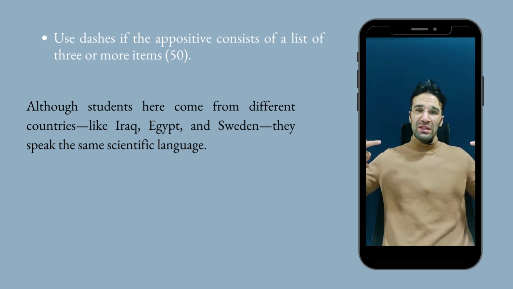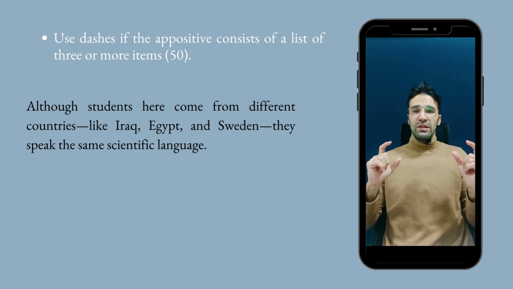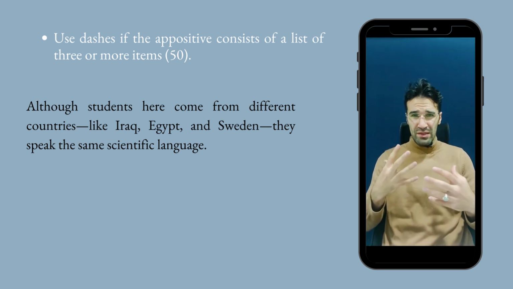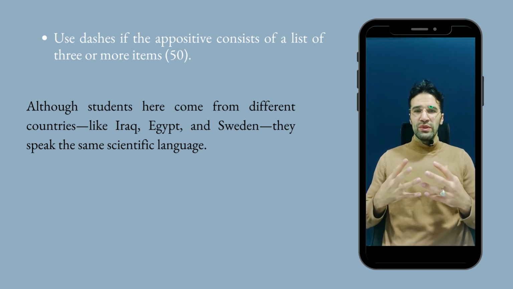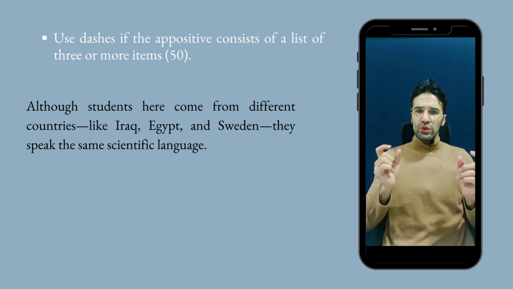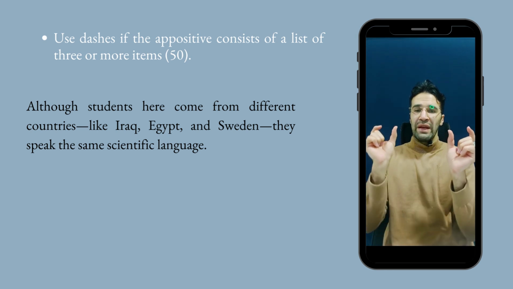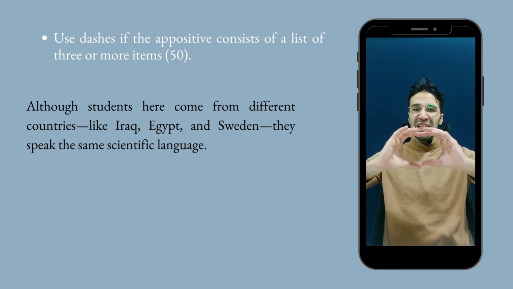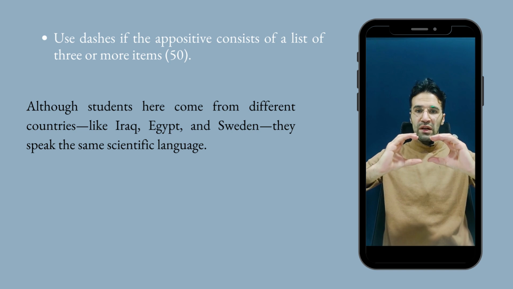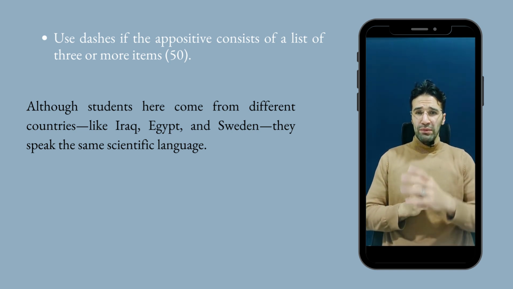But if you use 2 commas before and after that appositive, it's gonna be a mess. It might be a little bit confusing. So instead of putting 2 commas before and after the appositive, put 2 long dashes before and after the appositive, and inside the appositive there are already commas. It would be more understandable to the reader.